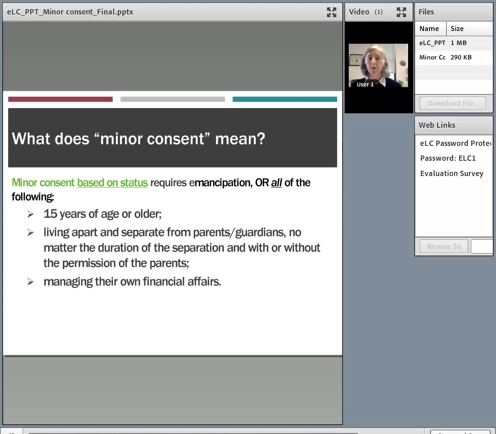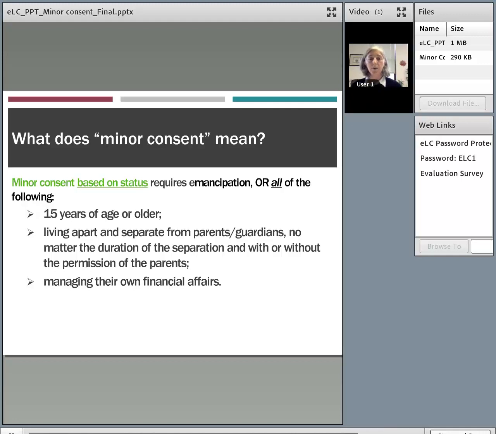And depending on how frequently you have clients who may qualify to consent based on their status, you may choose to implement protocols or procedures to help identify young people who meet these criteria. So for example, if you're a clinic that is specifically targeted to homeless youth, you may develop some sort of a questionnaire to see if a young person is emancipated or meets these three criteria to consent for their own care.